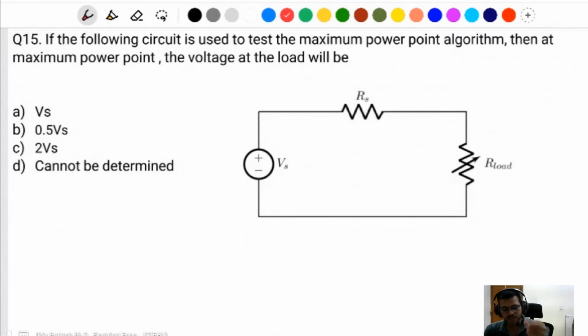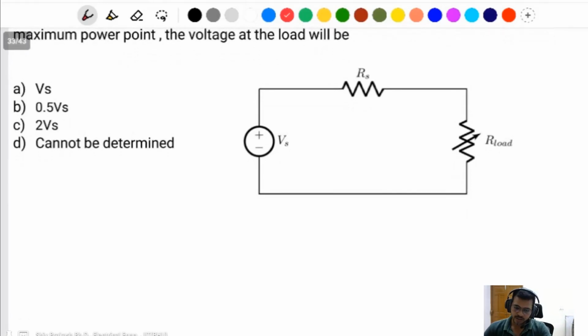If the following circuit is used to test the maximum power point algorithm, then at the maximum power point, what will be the voltage at the load? Question number 15.